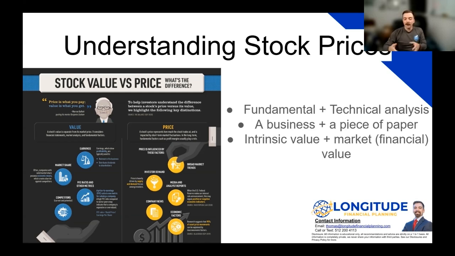But there are other trends and influences on the paper that don't affect the business and aren't affected by what the business does. So we've sort of broken this down. So there's fundamental analysis, and this is the business itself. What are their cash flows? How are their sales doing? What's their profitability? These are fundamental metrics.